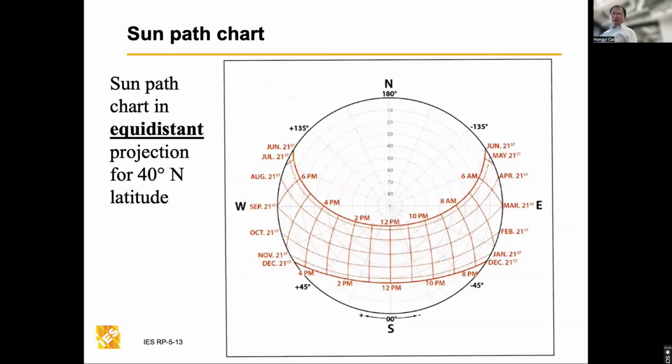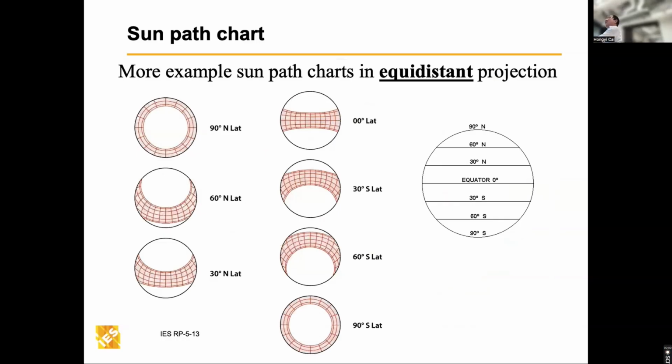Okay. Then let's take a look at the sun path chart for different locations. The first one, 90-degree north latitude, right over there. That is exactly the location of Santa Claus, right? Where Santa Claus lives.